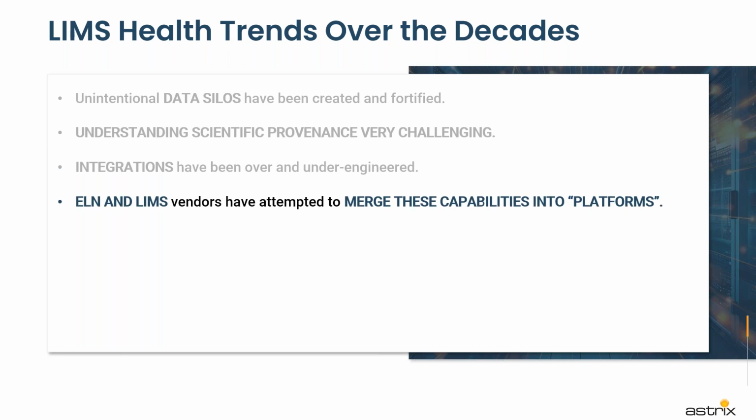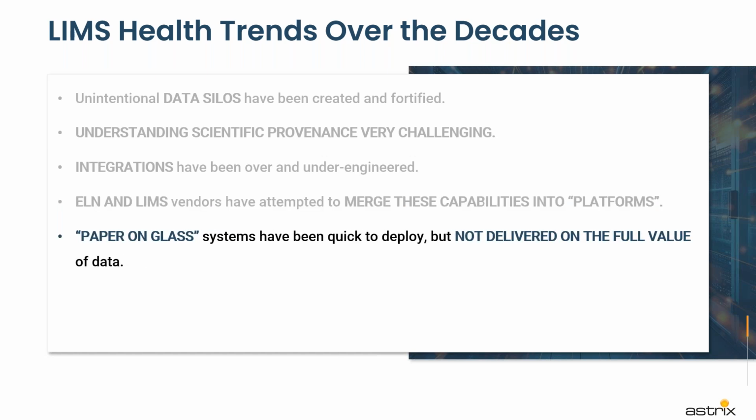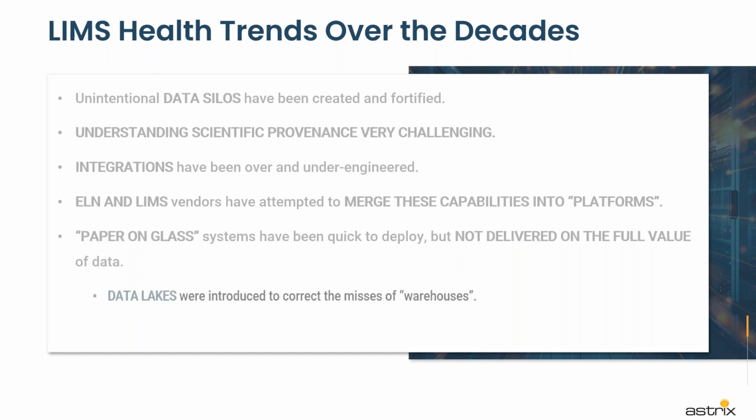And as John was mentioning before, the ELN and LIMS vendors have attempted to merge these capabilities into platforms with high configurability, leading to unfulfilled expectations. What was really expected from a LIMS has not been completely covered in that platform. On top of that, there were a lot of vendor mergers and acquisitions, which complicated the software and data landscape. The paper-on-glass systems were really easy and quick to deploy, but did not really deliver on the full value of the data.